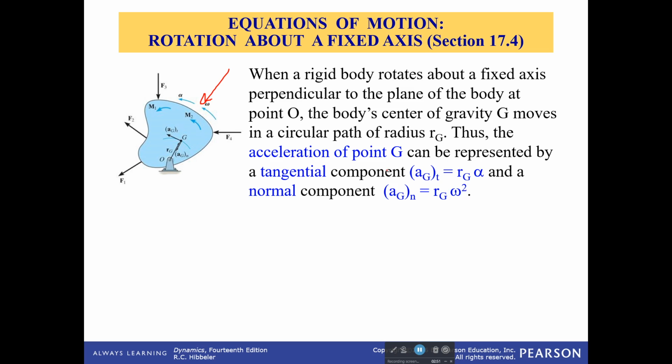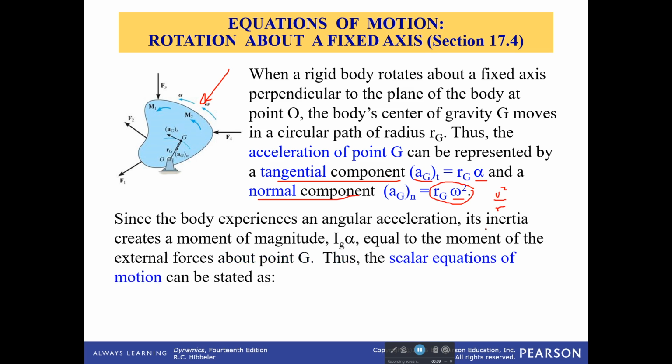What we're going to see is a tangential component of our acceleration, which is related to our angular acceleration, and a normal component, which is related to our angular velocity. This comes from the whole v squared over r thing. We can actually show how those are related if you want, though we've done that in the past.